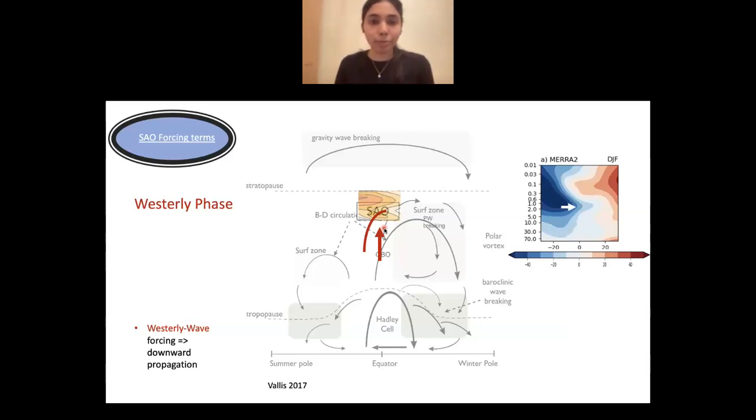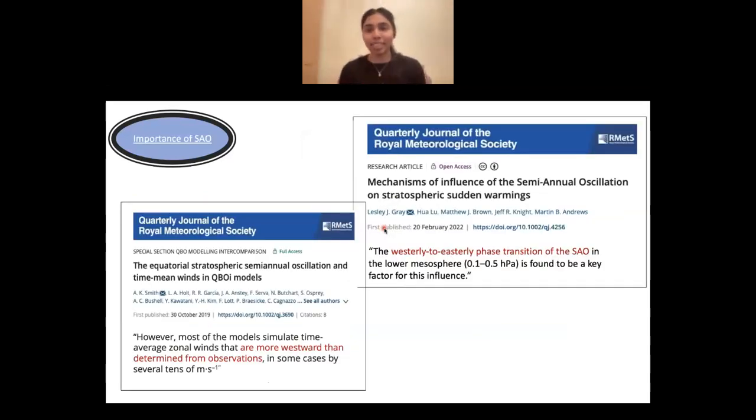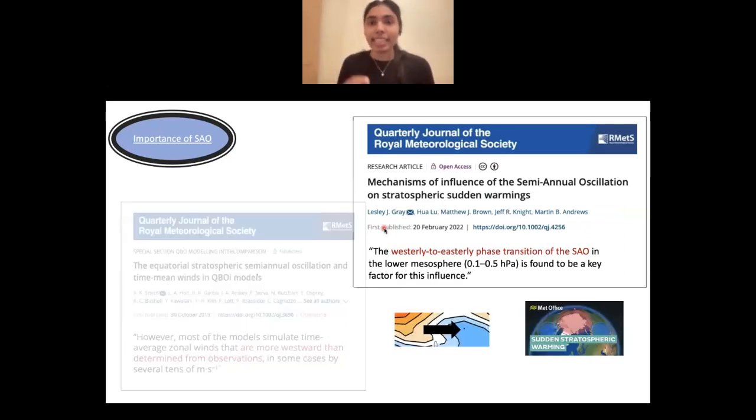So these are the different forcing terms that give rise to the SAO. Now I will move forward and explain why I am studying the SAO. The SAO is so high in altitude that you might be wondering why it is important. So right here is a paper by Leslie published last year, and she has shown that the westerly to easterly phase transition time of the SAO is important in predicting the time of sudden stratospheric warmings.